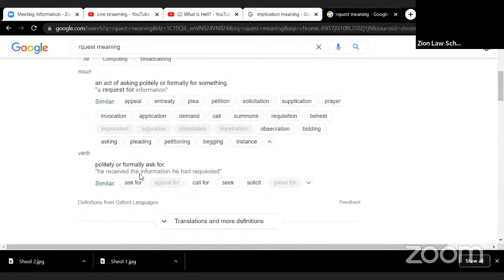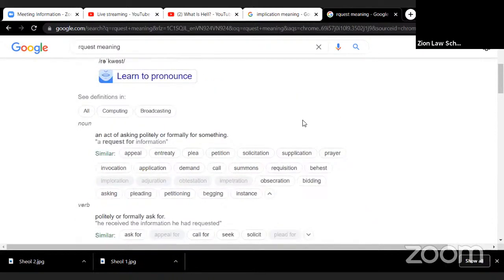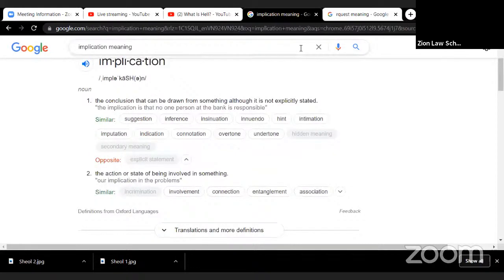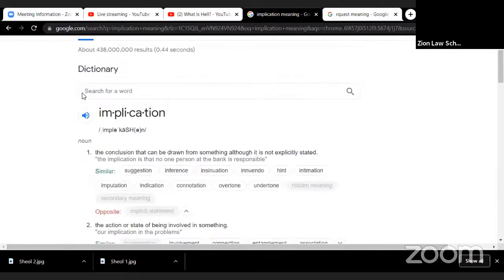And as a verb, call, seek, solicit. All right, so that's the meaning, to request. Now, what's at issue is the next, after the semicolon, it says by implication to request. So the meaning of implication, do you want to go through this one, Judea?